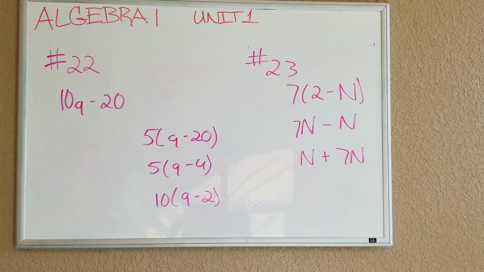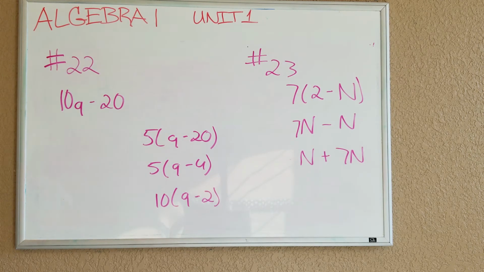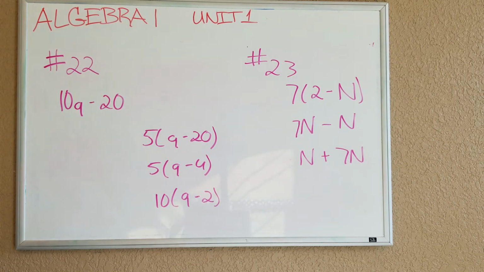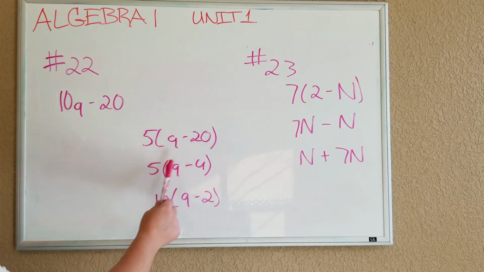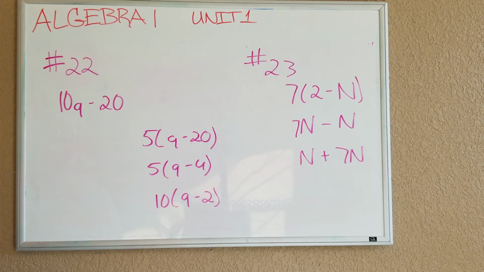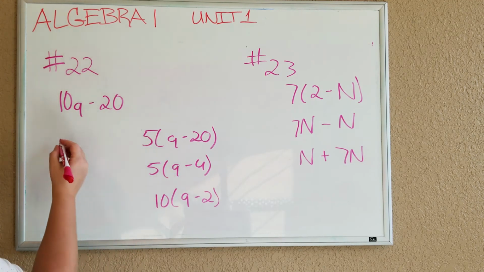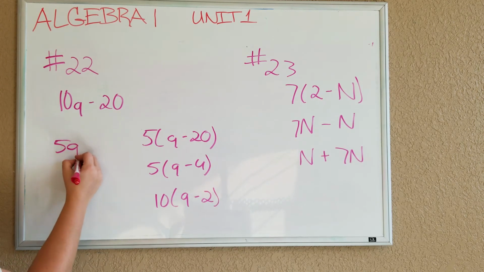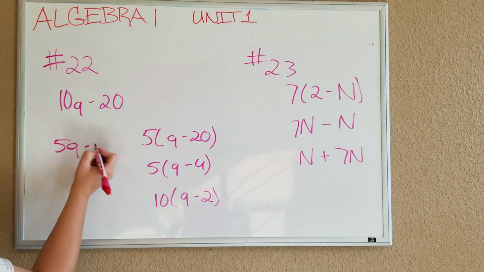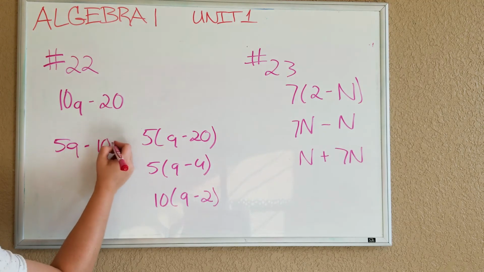All right, problem number 22. They want you to tell them what 10q minus 20 is equivalent to. And they give you these 3 expressions here, so you need to solve them. Again, it's the distributive property, so you would multiply 5 times q would give you 5q. 5 times -20 would give you -100.